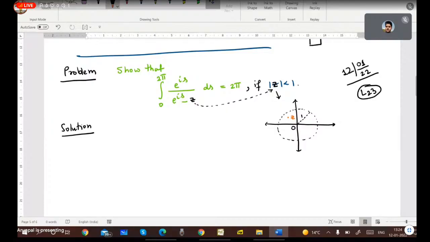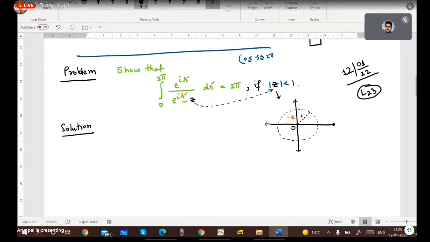So the problem says that, and here this s is a parameter, and as you can see, looking at the expression for this integral, s is a real parameter varying between 0 and 2 pi, right? So this is just obvious. So the problem says that the value of this integral will always come out to be 2 pi irrespective of which point you take inside this open disk.